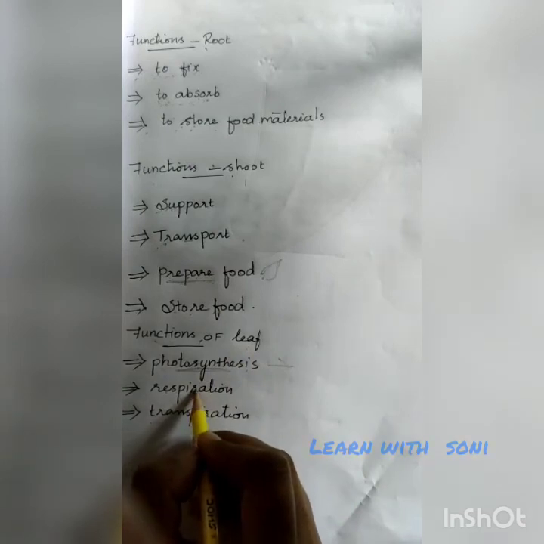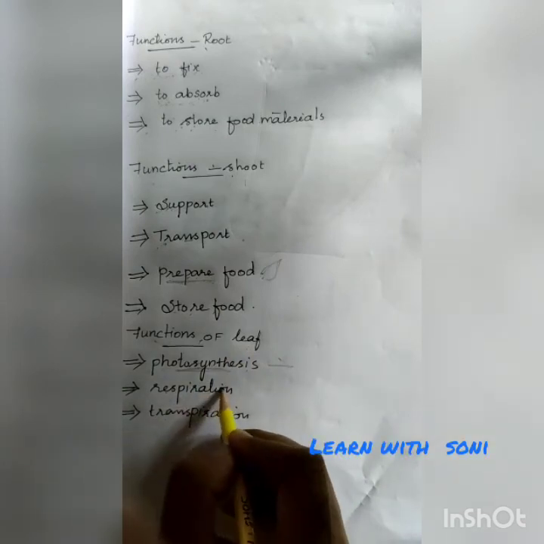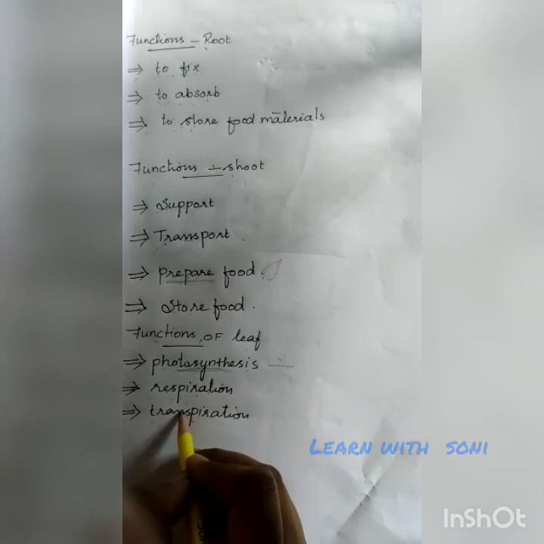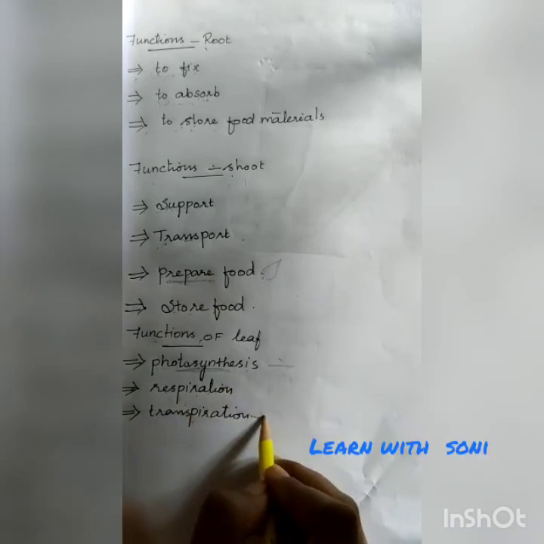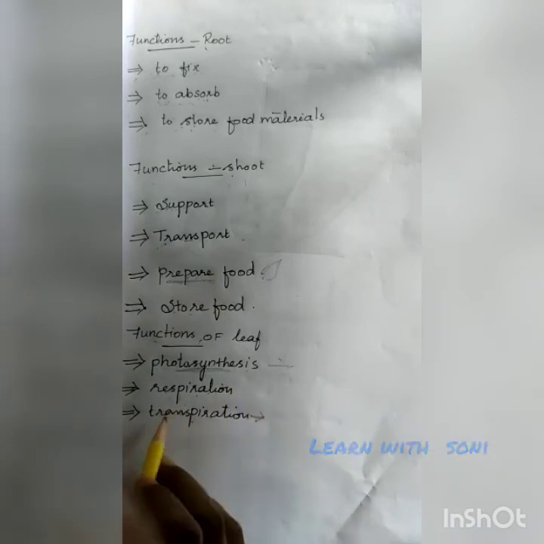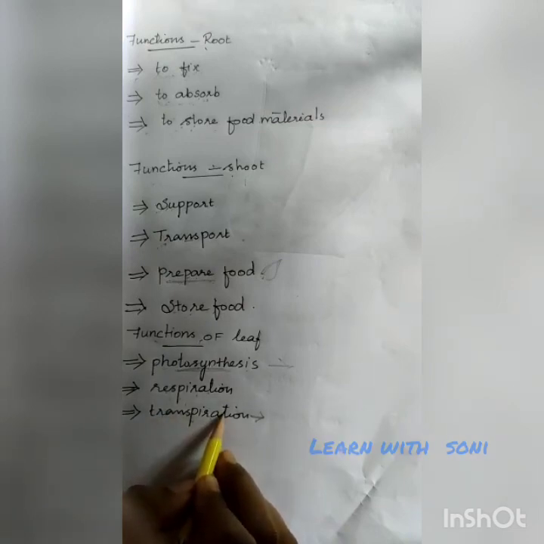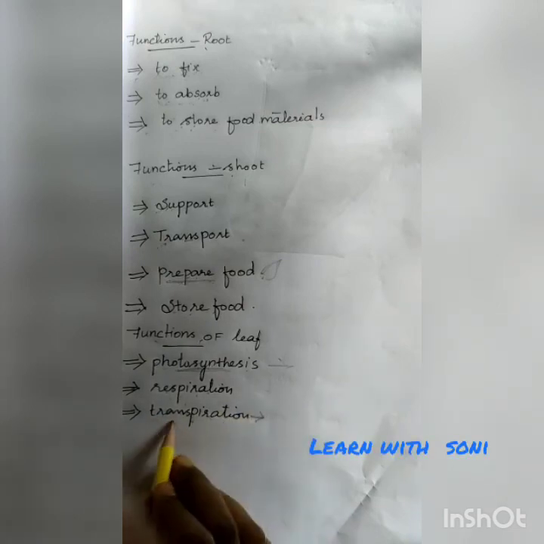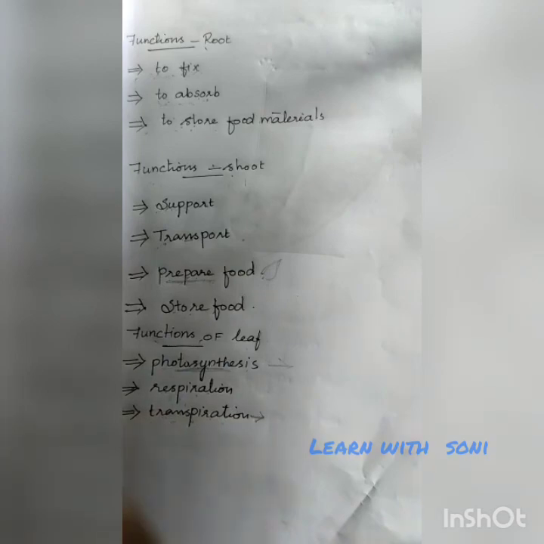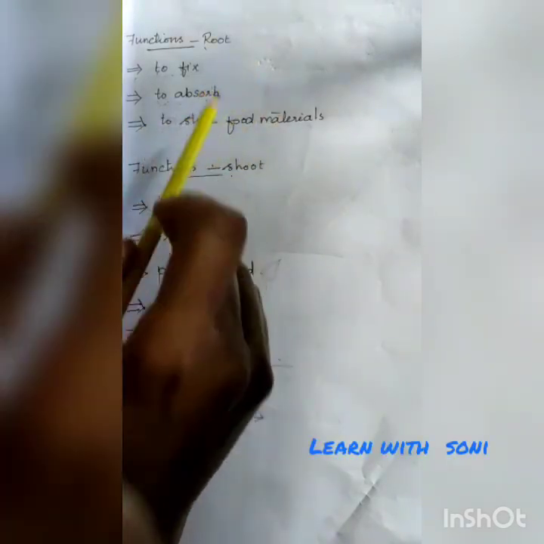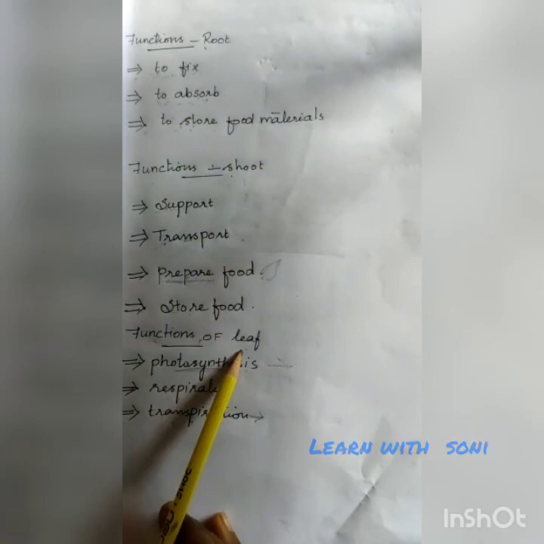That means they take in oxygen and release carbon dioxide. Next is transpiration. These leaves carry out transpiration. We have studied stomata. Through these stomata, water evaporates. That process is called transpiration. Did you understand the functions of root, shoot and leaf?